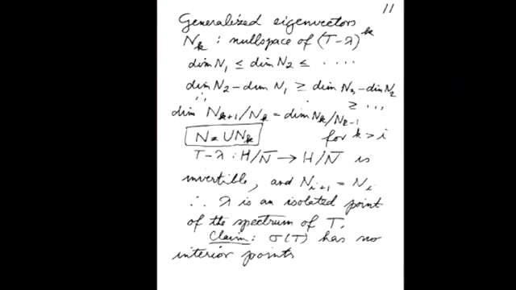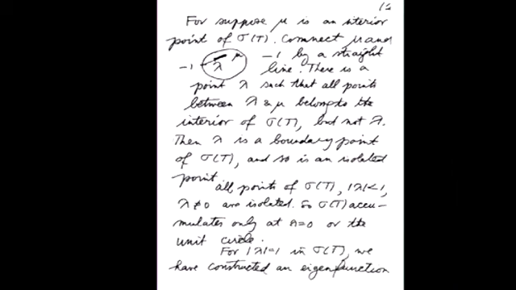Well, now remember, this was a statement about the boundary points of the spectrum, but from it follows very easily that the spectrum has no interior points, because if there were an interior point mu of the spectrum, we could connect it to -1 by a straight line.